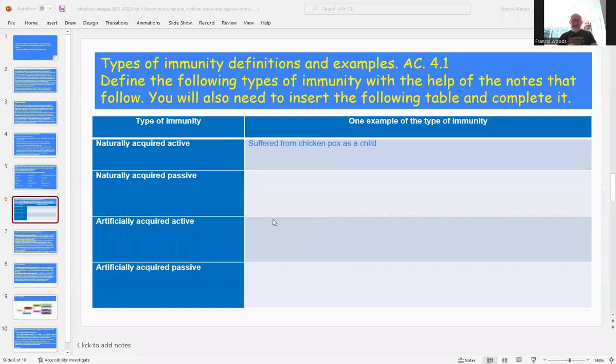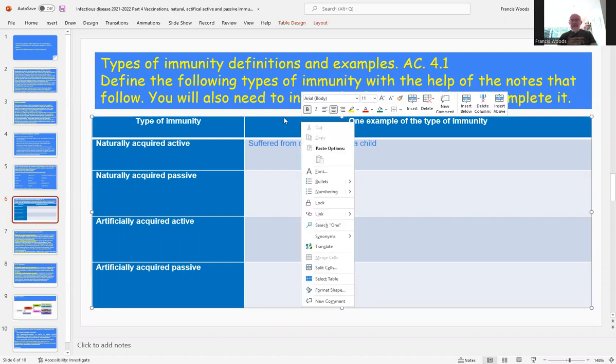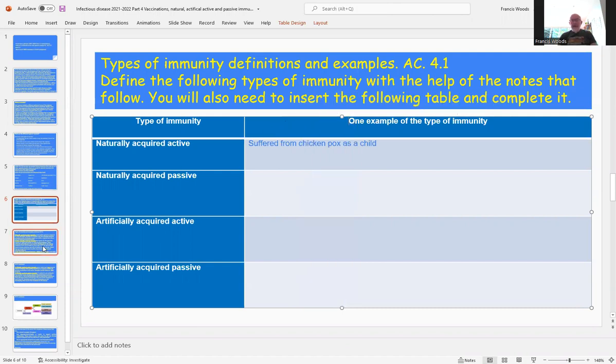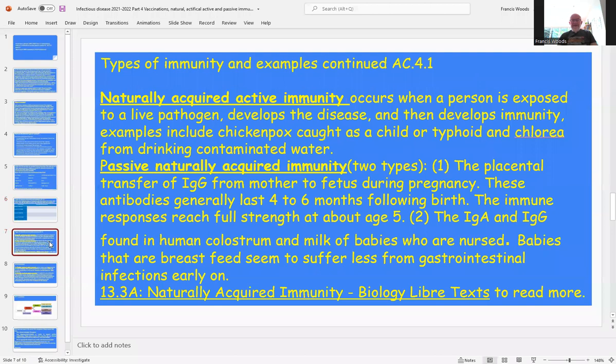So here's the table. Now, if you look, you can actually take the table, if I right-click on it, and you can cut and paste it into your assignment. So here's the definitions. Naturally acquired active immunity occurs when a person is exposed to live pathogens. You develop the disease, and that develops your immunity, as in the chickenpox caught by a child.